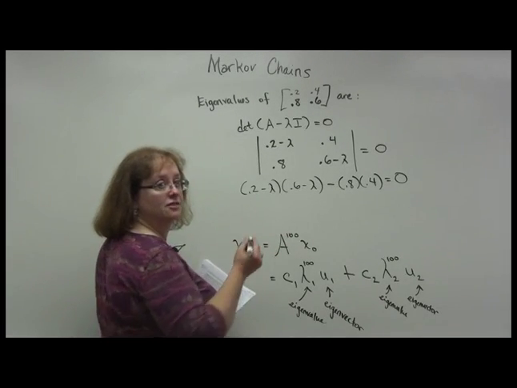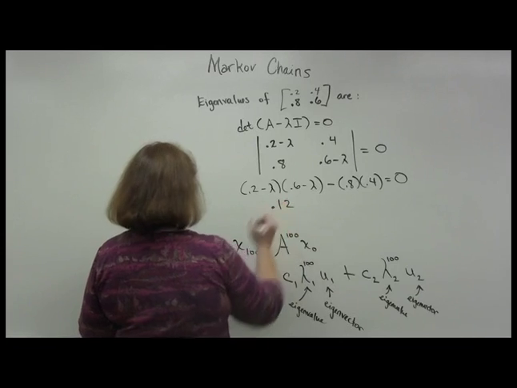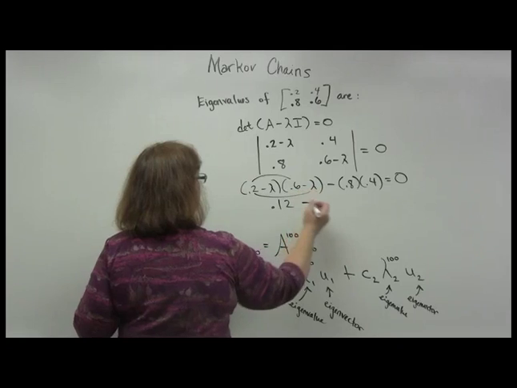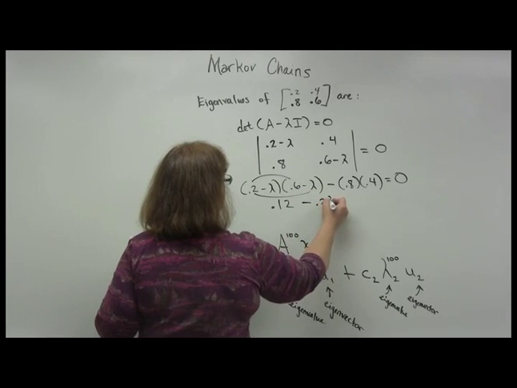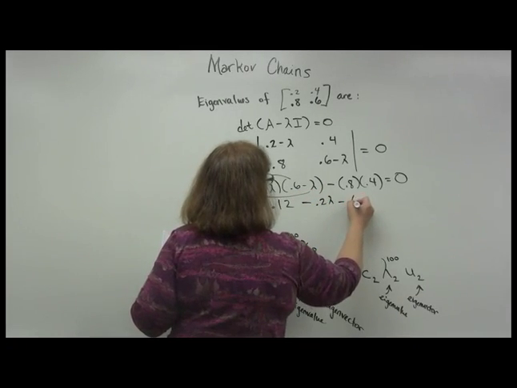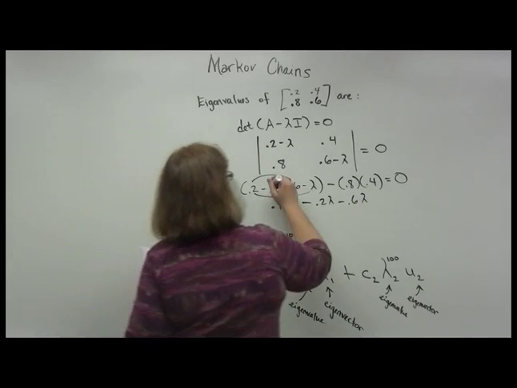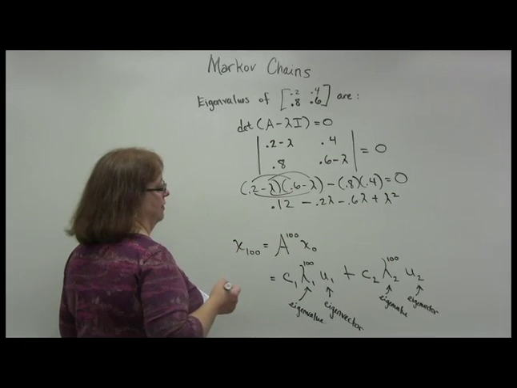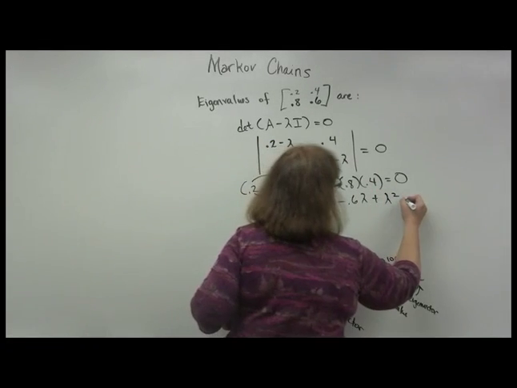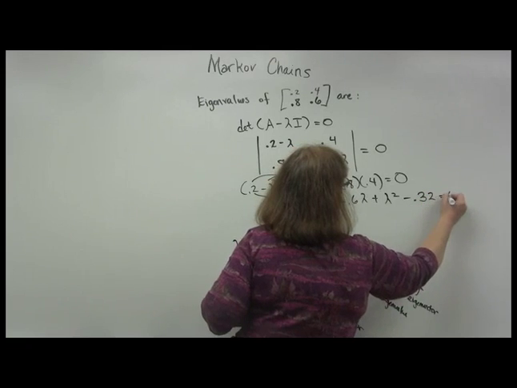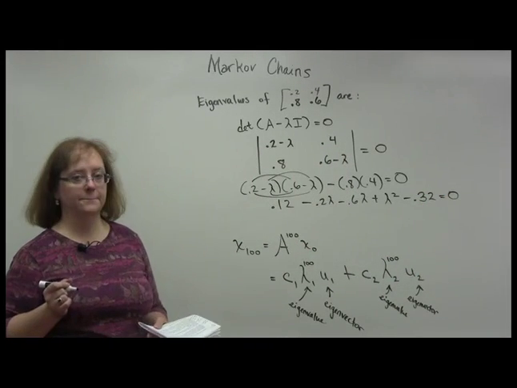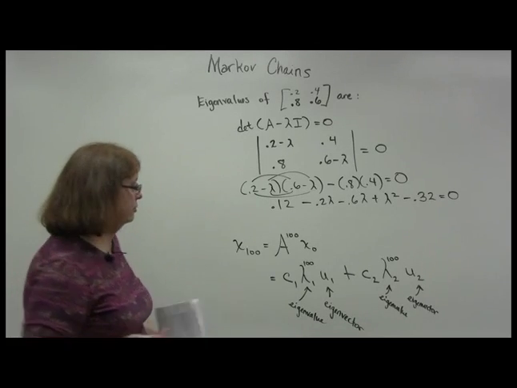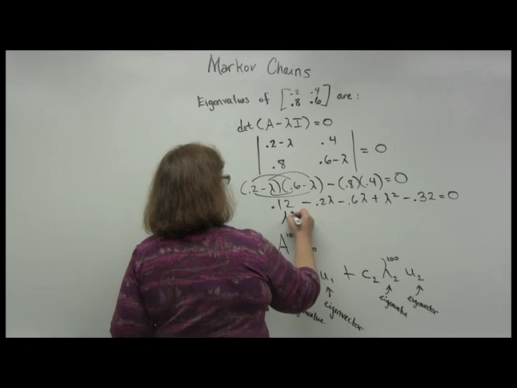And that gives me 0.12, if I'm doing this out, minus 0.2 lambda minus 0.6 lambda plus lambda squared, and then minus my 0.8 times my 0.4, which is 0.32. I'm about to get a quadratic. I could either factor it or use the quadratic formula, but you'll find out it's actually not going to be too bad.